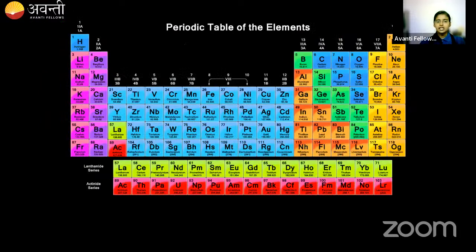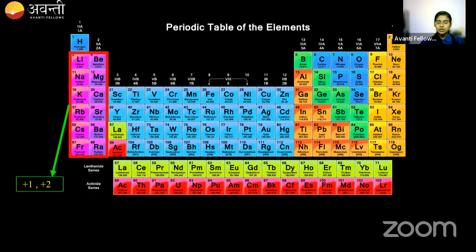Here in the periodic table, if I take the S block elements first, S block elements means group 1 and group 2, right? The oxidation state exhibited by group 1 is +1 and by group 2 is +2.